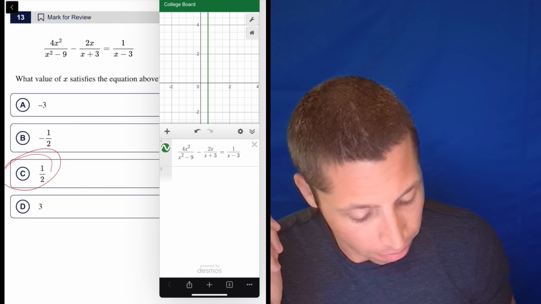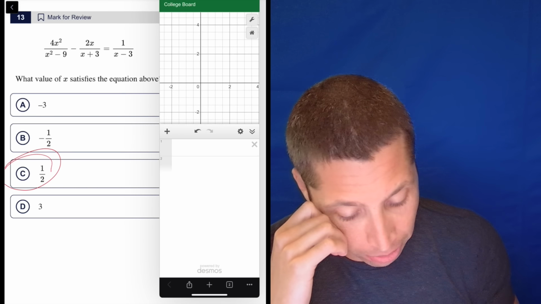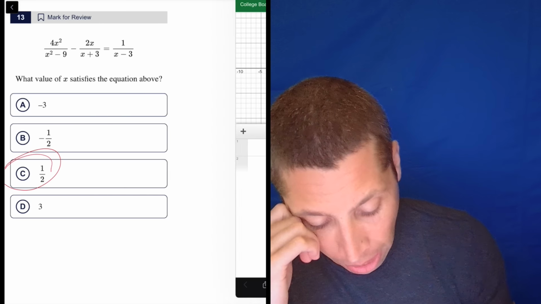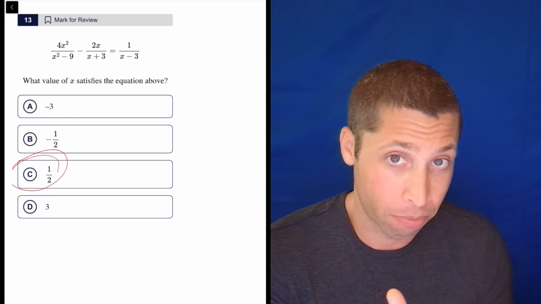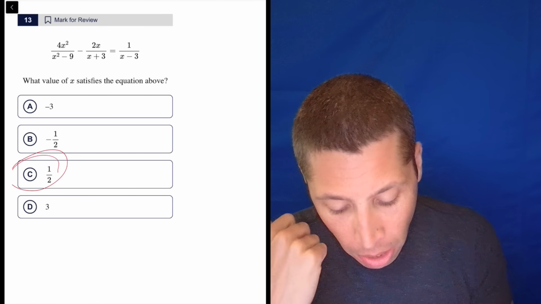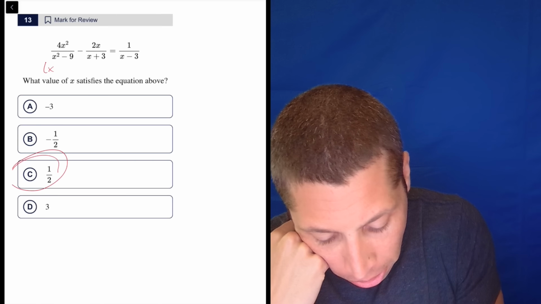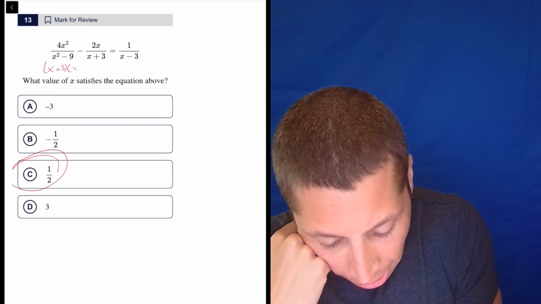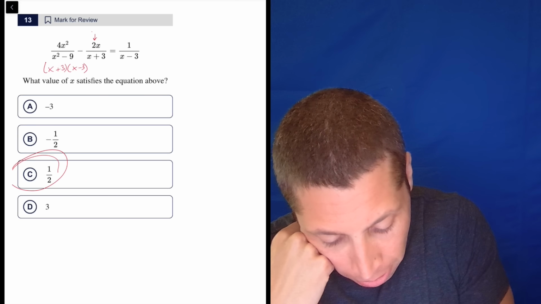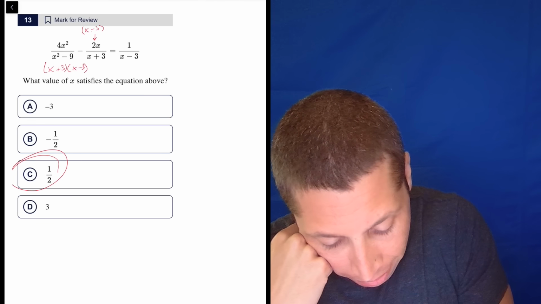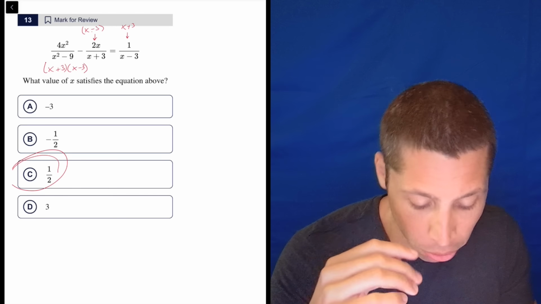I'll solve it algebraically just to lengthen the video a little bit, but gosh, I would definitely not do this. So in order to combine these terms, since they're all fractions, you need to have the common denominator. We have to recognize that the denominator here is x plus 3, x minus 3. So we just need to multiply this whole term by x minus 3 and this whole term by x plus 3. But there's negatives, there's all sorts of things going on.